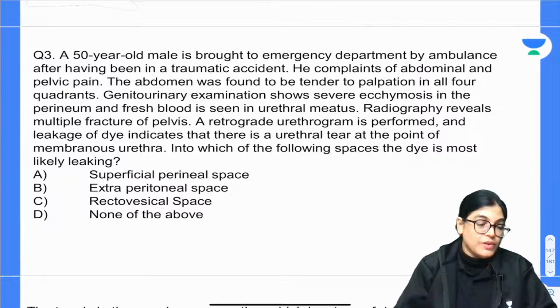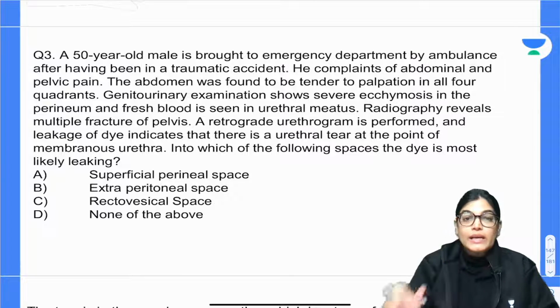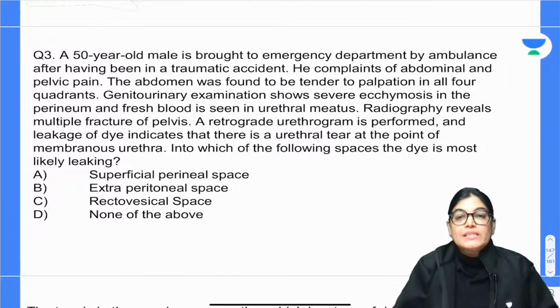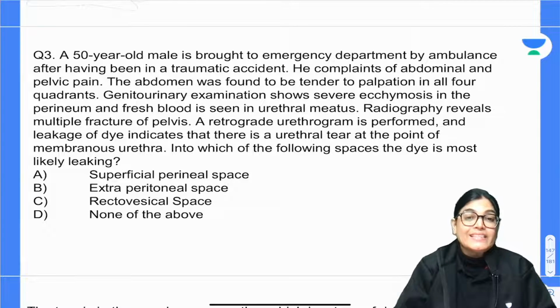Genitourinary examination reveals severe ecchymosis in the perineum and fresh blood seen in the urethral meatus. Radiography reveals multiple fractures of the pelvis. Retrograde urethrogram is performed and leakage indicates urethral tear at the point of membranous urethra. Into which of the following spaces is the dye most likely leaking?